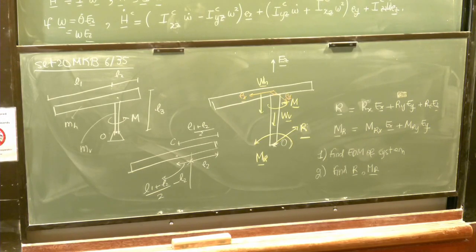What does that mean, radius of gyration about O? What does it mean that the radius of gyration of this pendulum about O is 620 millimeters? Not quite, because the center of mass is 600 millimeters, right? What is the radius of gyration?